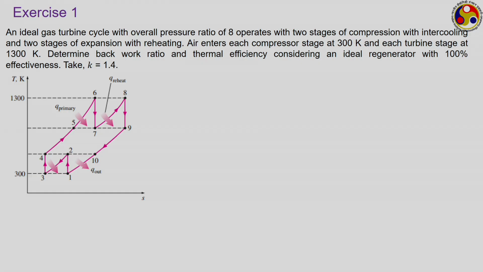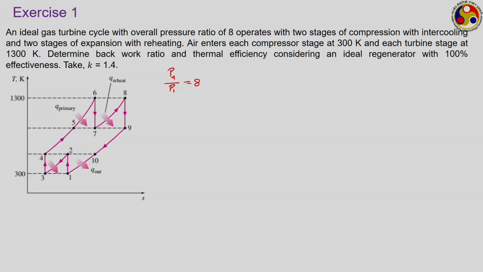Overall pressure ratio refers to the pressure at the end of compression, which is P4, over the pressure at the beginning of compression, which is P1, and that is equal to 8. And here we are talking about an ideal cycle, so as no information is given, we can assume the multi-stage compression process to be an ideal one, that is with perfect intercooling.